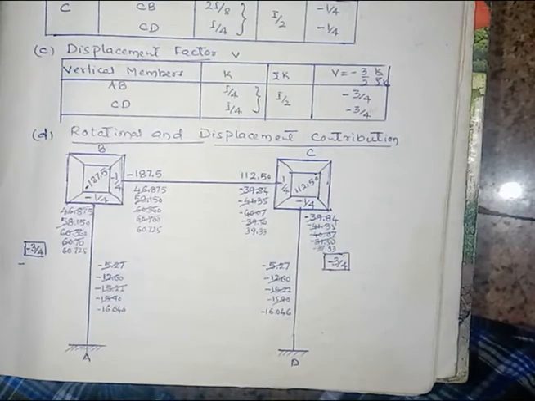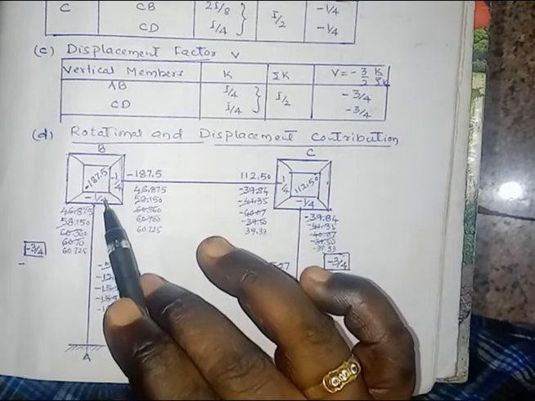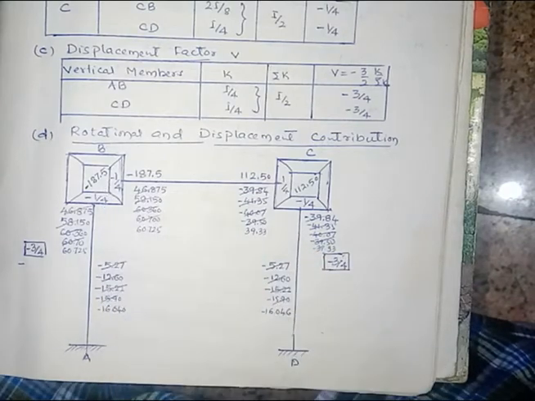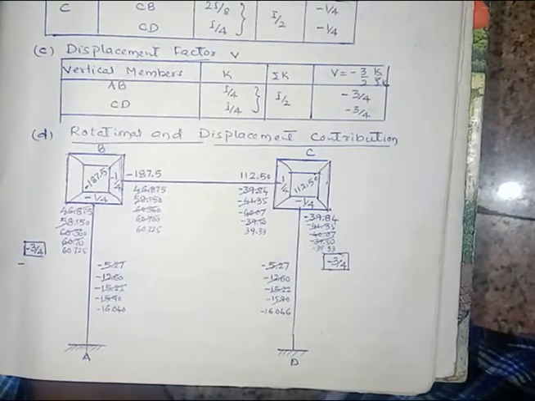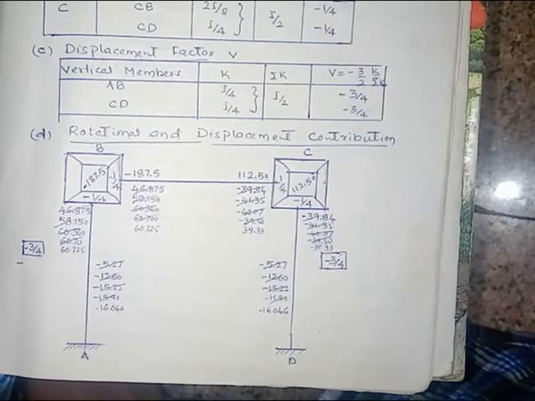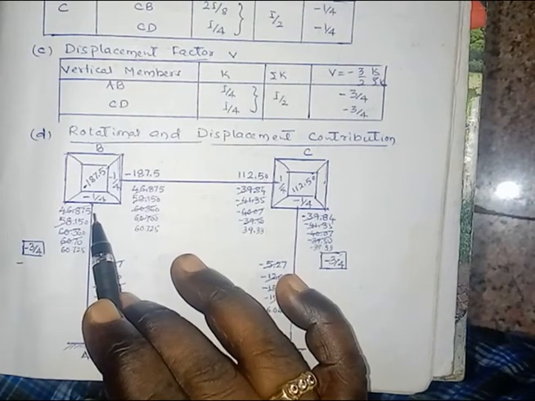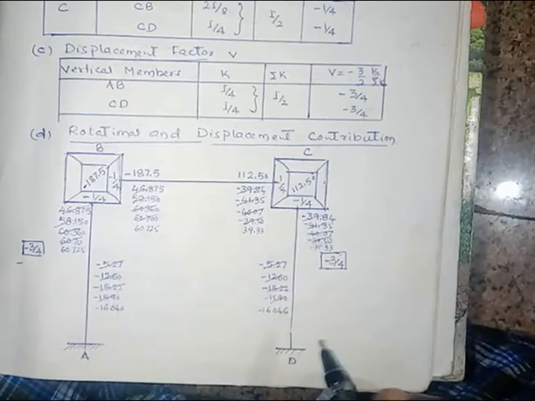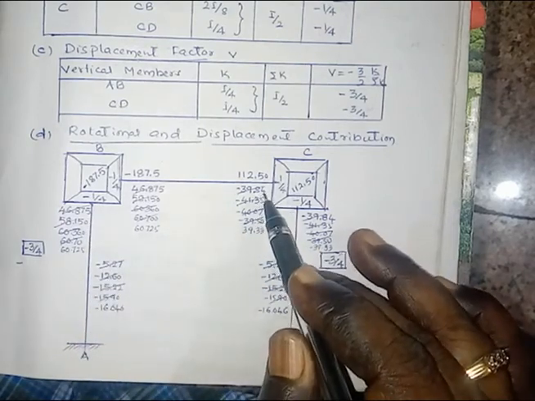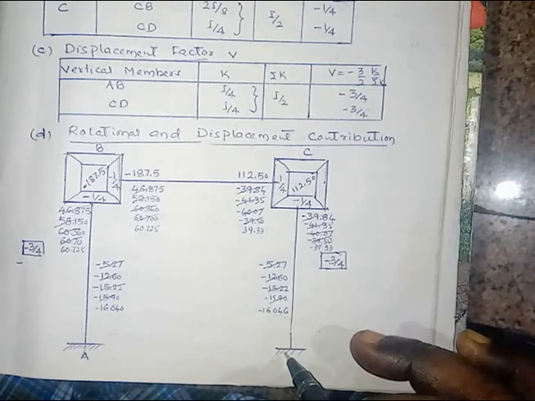That is minus 3/4 of 0 plus 46.875 plus minus 39.84 plus 0.